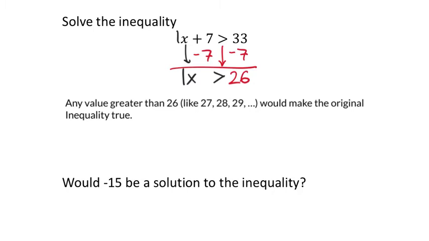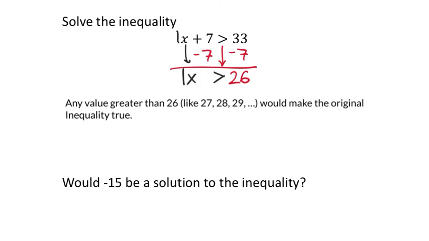Like 27, 28, 29. Let's take this to a large extreme, like 500 million, okay? If I said I'm going to replace x with 500 million, would it still be true? Sure it would. And while that is an extreme example, that's okay. We can deal in extremes right now because mathematically speaking, 500 million really is not that much.